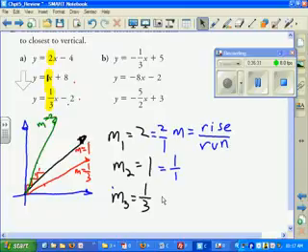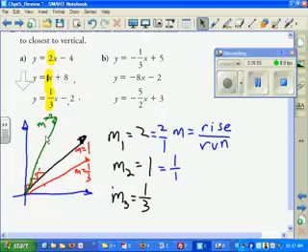M equals 1, and then closest to vertical is m equals 2. It's even, 1 over 1. But in terms of which one is closer to vertical than this one is. I'm saying though, if you had to say if m2 is vertical or horizontal, what would you say?